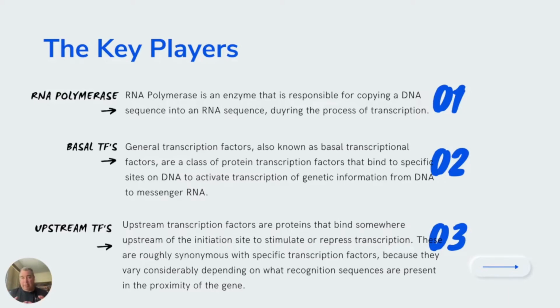So RNA polymerase, this is the main player that's reading that DNA. Remember, there's A, G, C, T of DNA, right? So the RNA polymerase is reading that, and it's putting complementary nucleotides in place to match that code on the DNA. Now, the next two arrows, I'm just going to kind of combine them.